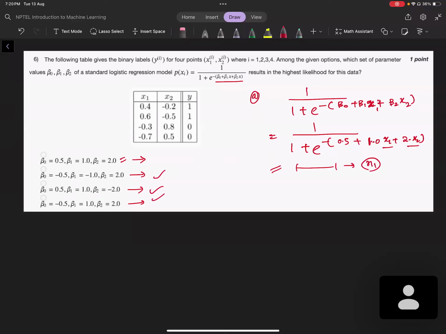What you have to do is find the highest log likelihood. So if you get this number for each option, you take the highest one, and it will be done.